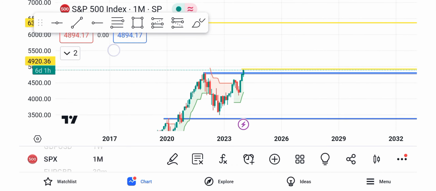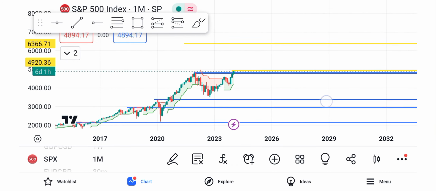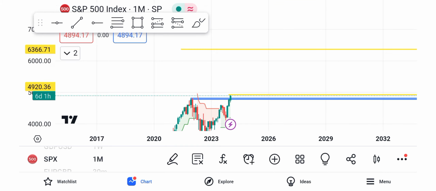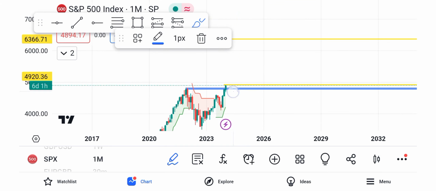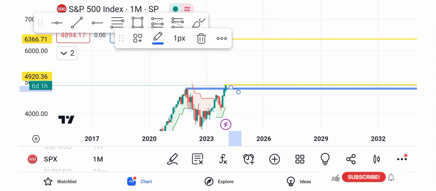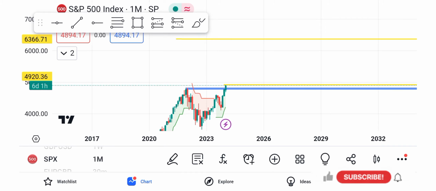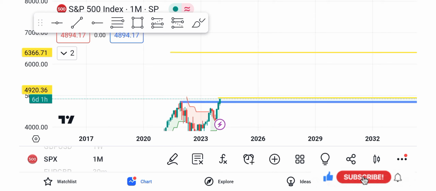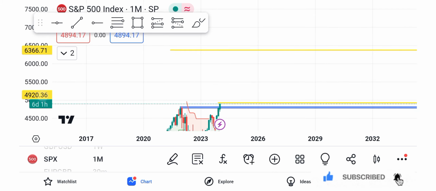So we could really work with these levels, right? It will be beautiful to see the price retrace back here and then give us a move up to that level, right? So that was a quick one. We just decided to do a very quick update on the S&P 500 for you guys. Right, so you can take note of the level 6366.71 for take profit. Okay, and that would be cool.